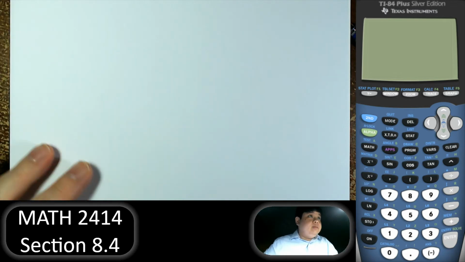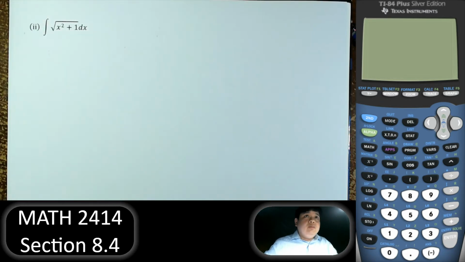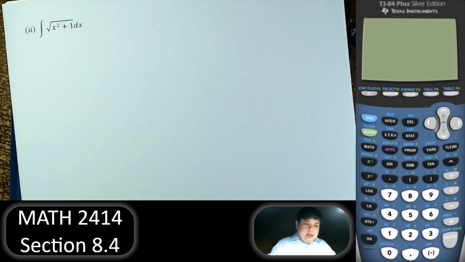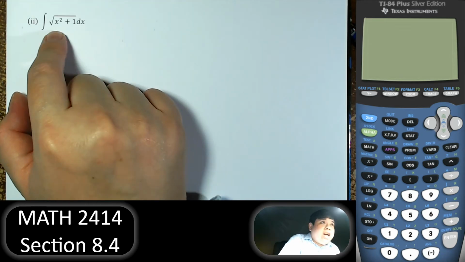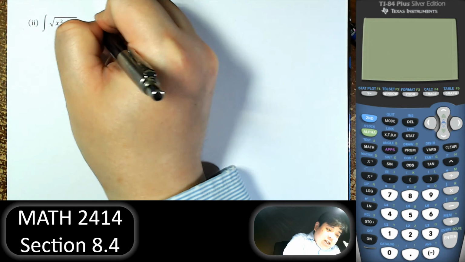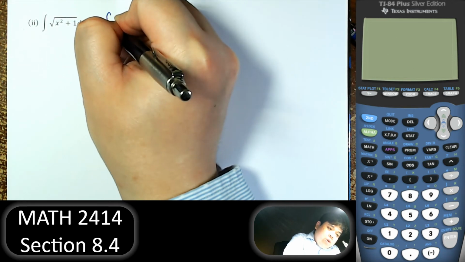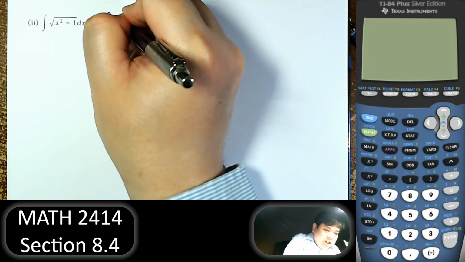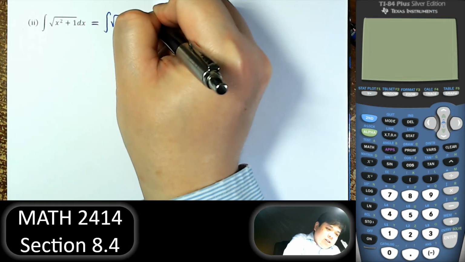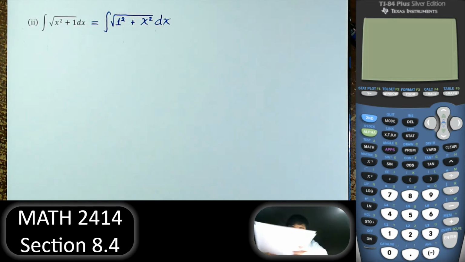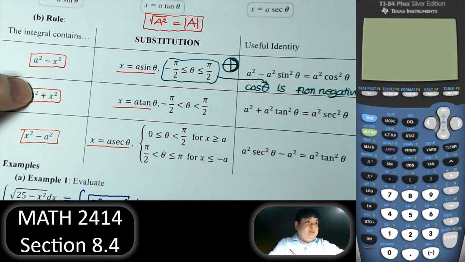Right. Oh, let me move. Right, here. So what we have here is x squared plus 1, or 1 squared, or constant squared. I will write this as square root of, we can say, 1 squared plus x squared. So it will look like this form.